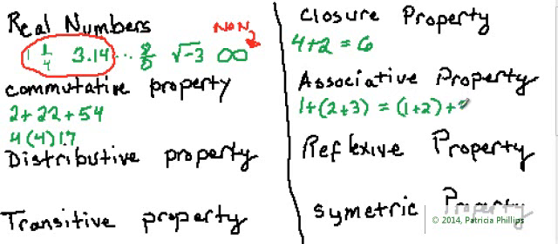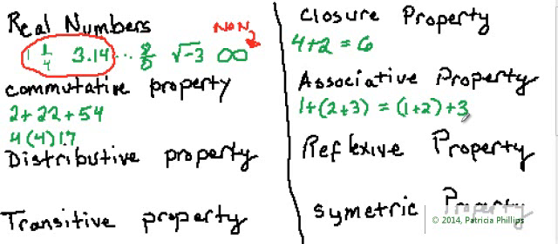So, when you're doing addition, 1 plus this group 2 plus 3 equals the same thing as this group 1 plus 2 plus the single number 3. You can switch the parentheses any way you like it when you're doing addition, and it doesn't matter.